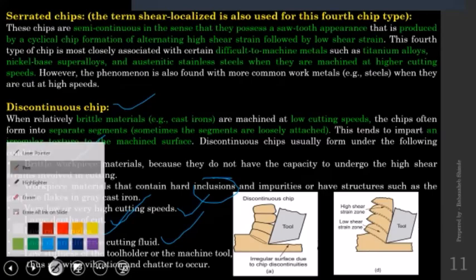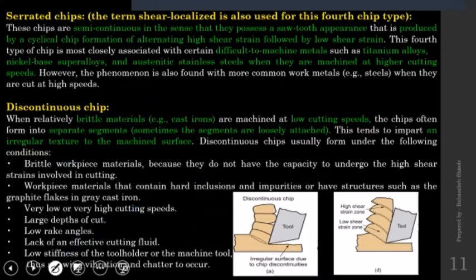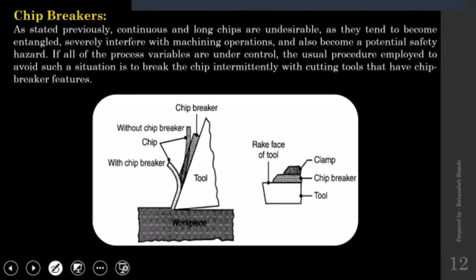So all these are the reasons for the formation of discontinuous chips. When do we get them, and what are their drawbacks? All these things we have discussed here.